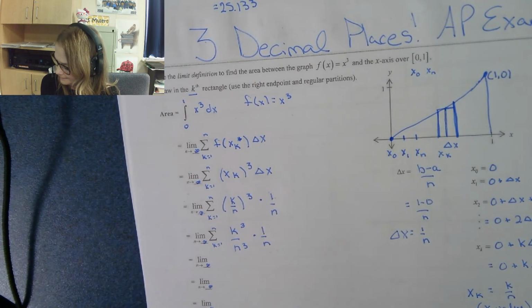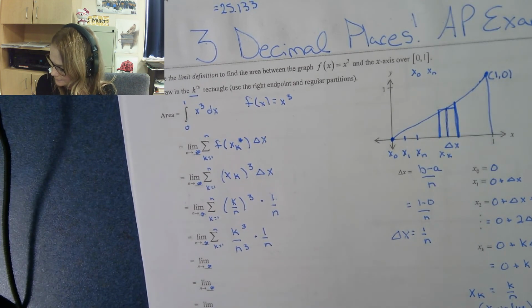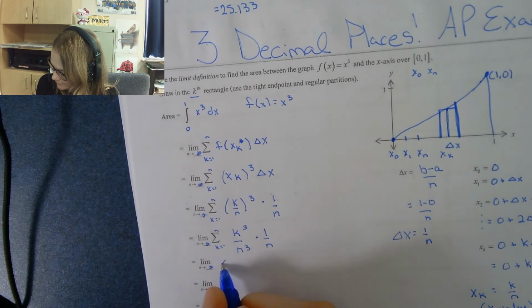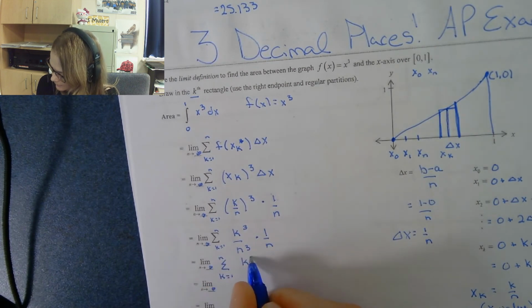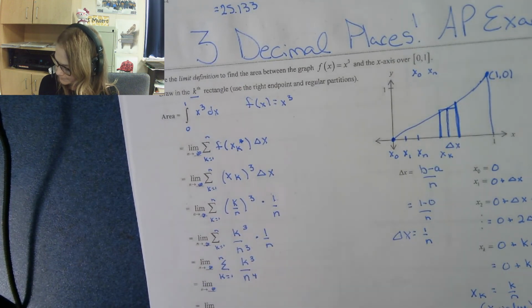All right, so let's go ahead and do this. So this is k cubed over n to the 4th.